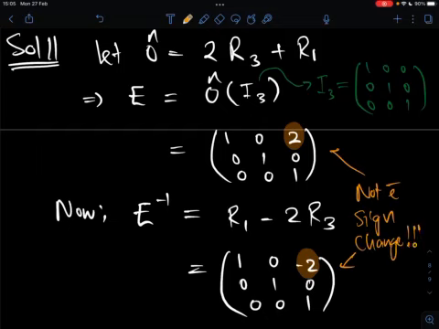Pay attention to that sign change happening there. This is what you should know when it comes to elementary matrices so far. But let's also look at how to invert some other operations.